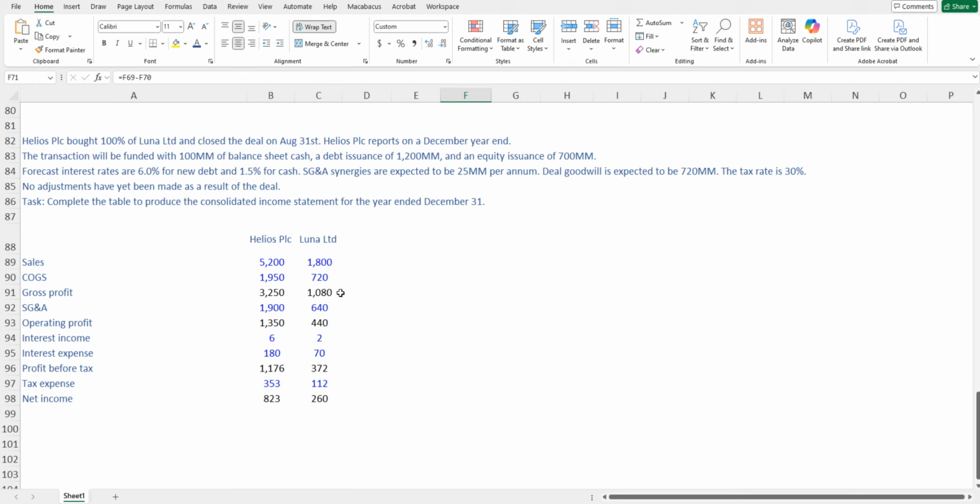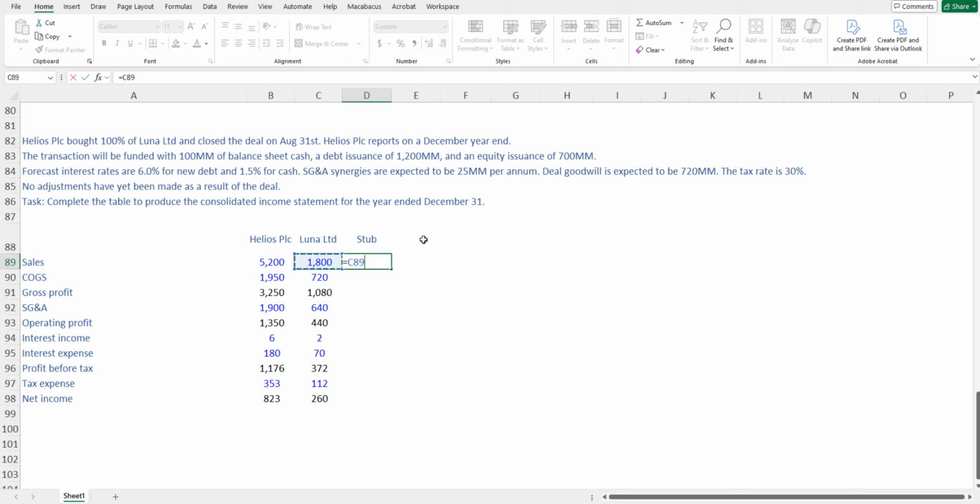The only periods of Luna's income statement that belong to Helios are after the acquisition, right? So this ensures, if we want to calculate a portion of Luna's income statement, you don't recognize benefits or costs for periods before acquisition, right? That being said, we need to calculate the stub period, okay? So stub period of Luna.